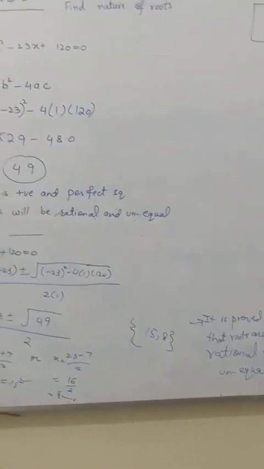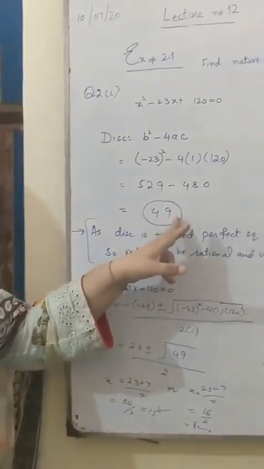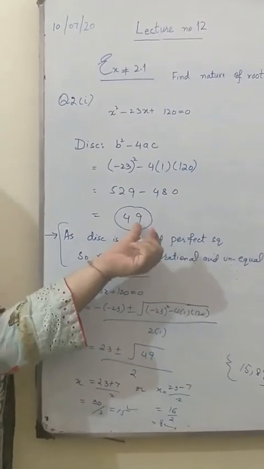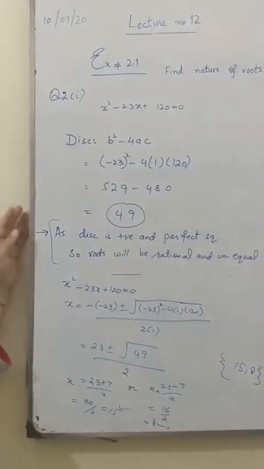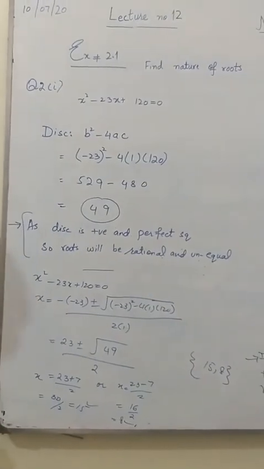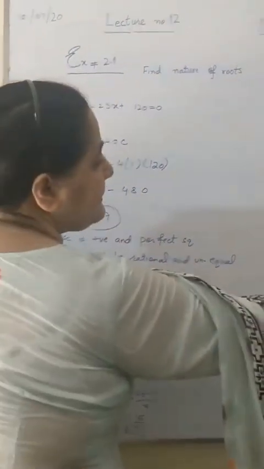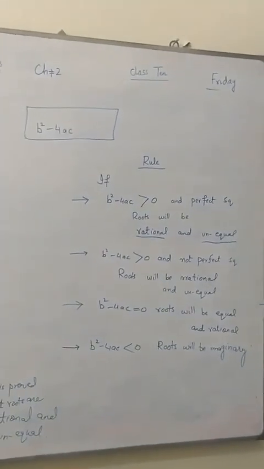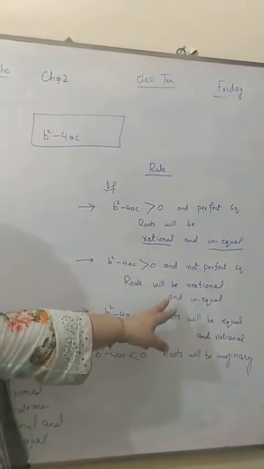But for example, we have 49 which is a perfect square. If we have 47 here, which is not a perfect square, then we will write the statement as: discriminant is positive but not a perfect square, so the roots will be irrational and unequal.